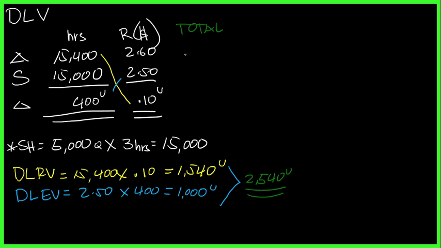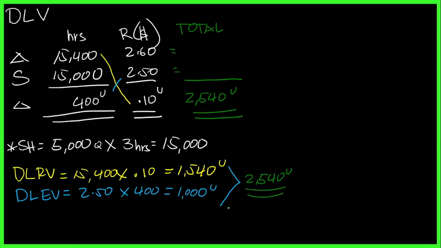Okay, so you multiply that. Kunyari na multiply mo na, you will get 2,540 na unfavorable. Okay, so those are your variances.